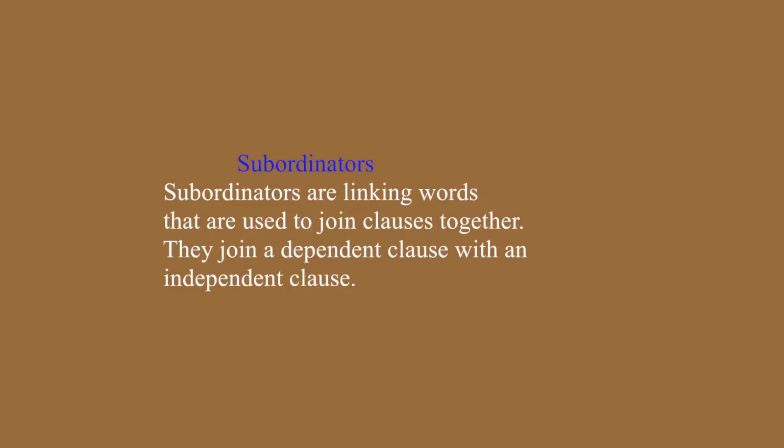So, the first kind of connector or linking word is done. Now, I am going to discuss the second kind of linking word or connector, which is called subordinators. Subordinators are that kind of linking words or connectors which are used to join an independent clause and a dependent clause in a sentence.